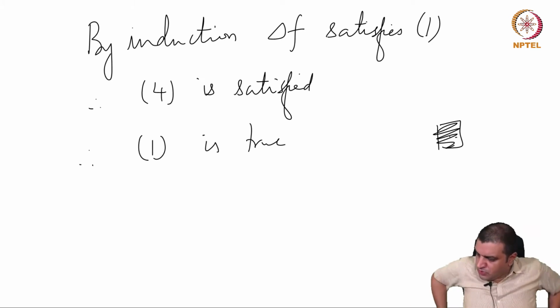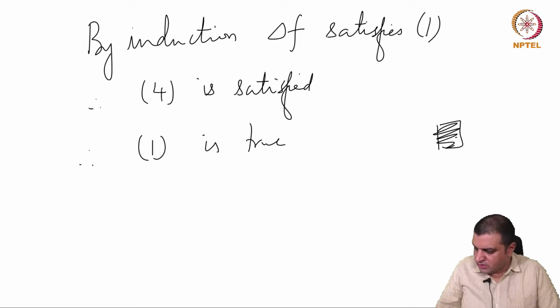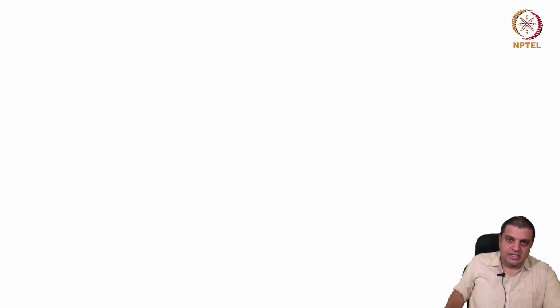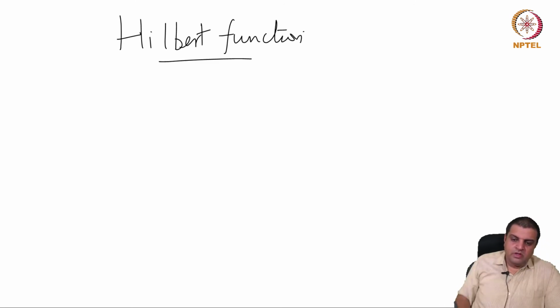Okay, so next, we want to apply this to the study of what is called the Hilbert function of graded modules over polynomial rings or over Artinian rings. So this is the setup that we want. So let's say Hilbert functions. We go back to the setup that we had earlier.